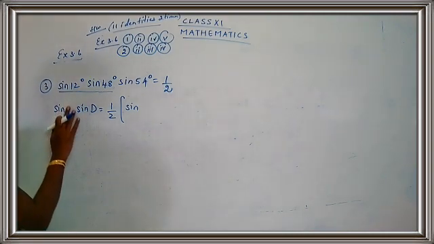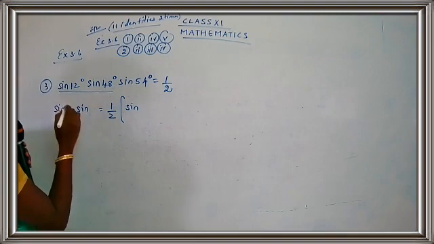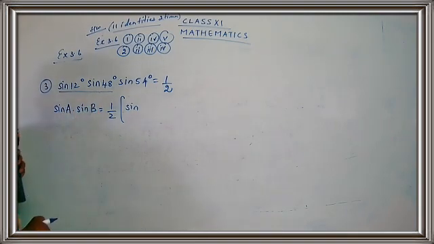Okay, children. You just write down A and B. Write down here, this is sine A into sine B. The first one we dealt with was sine and cos. Here it is sine sine. When we have a sine sine formula, you have to be careful. The sign changes. So what is the formula for sine A into sine B?